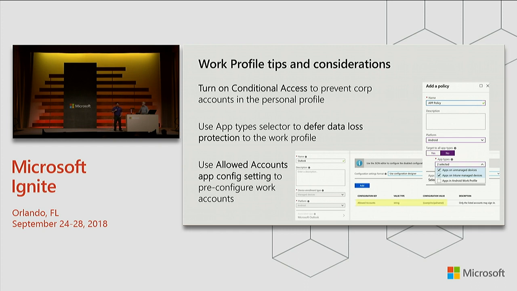Last but not least, you can pre-configure allowed accounts to ensure that apps like Outlook only launch the managed account in the work profile. That's important for your end user experience, because what we've seen is end users will add their personal accounts in some instances to the Outlook app inside the work profile.